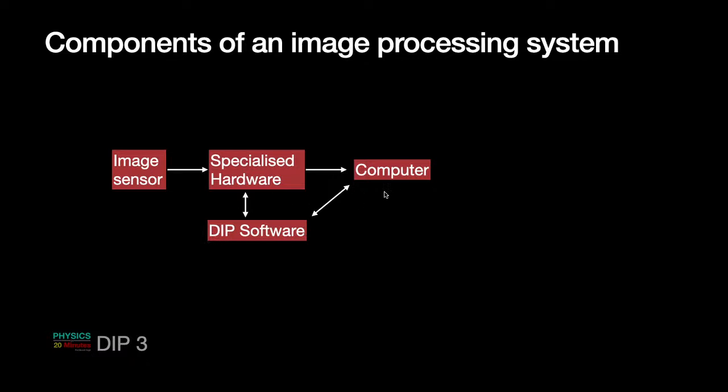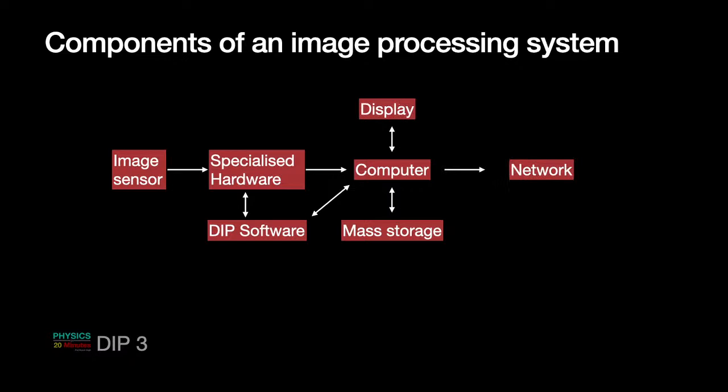You can use those softwares on both. Then the computer has access to mass storage, your main memory. The computer can send data there and retrieve data from there. The computer also has access to a display or a printer, so it can print, it can display, and then it can send it to a network where it can be shared.